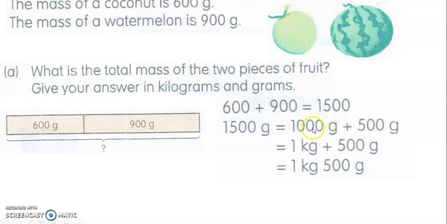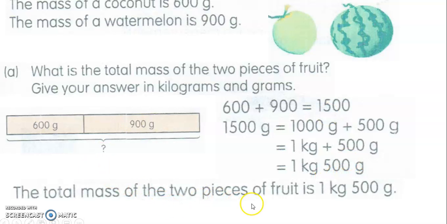This is to be able to convert 1000 grams into kilograms. So 1000 grams equals 1 kilogram, plus 500 grams. I won't change this anymore, because I need the mass to be in kilograms and grams at the same time. So the total mass of the two pieces of fruit is 1 kilogram, 500 grams.